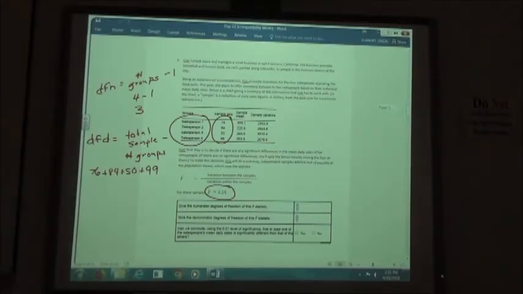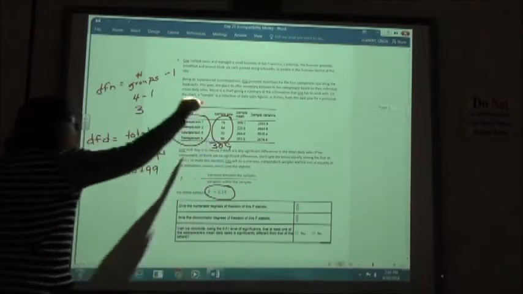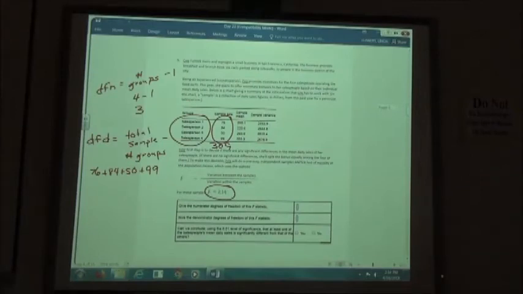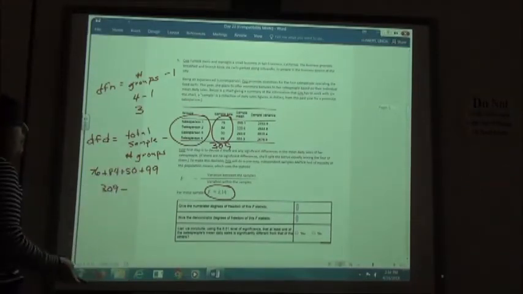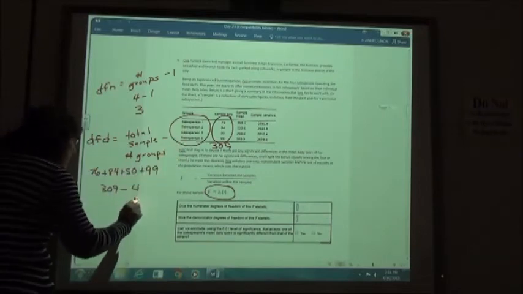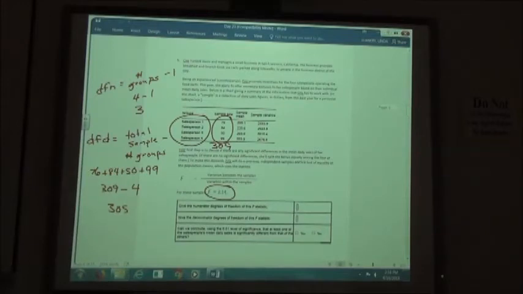If you add up all of the totals for your sample size, you should come up with 309 for your total of all of your samples. So I'm going to take the 309, I'm going to subtract the number of groups. Again, we had 4 groups, so 309 minus 4 would be 305.